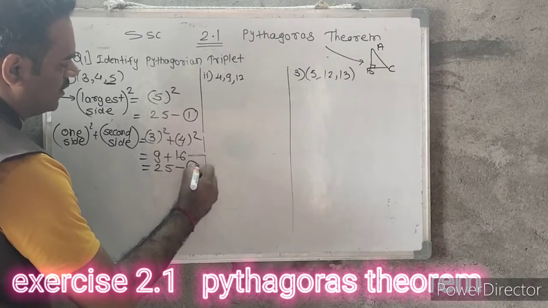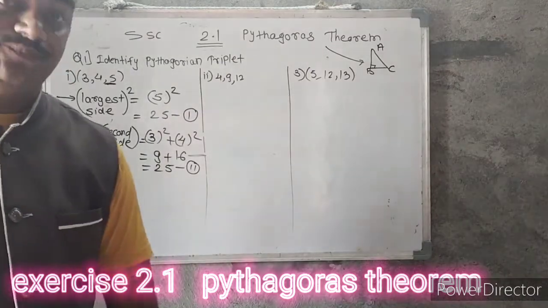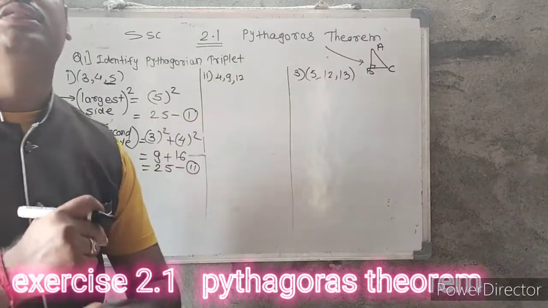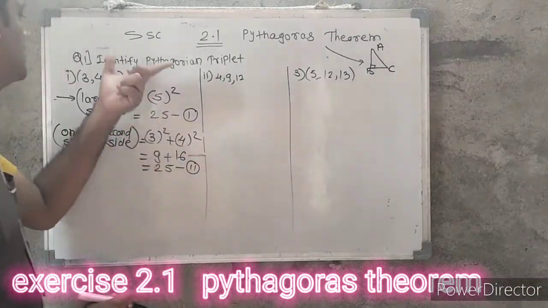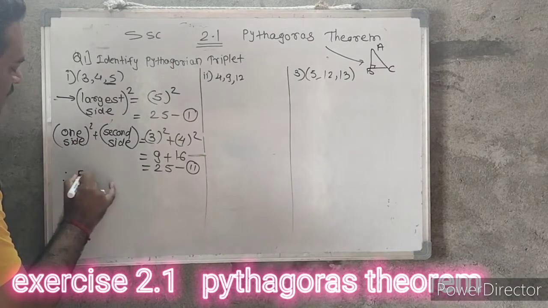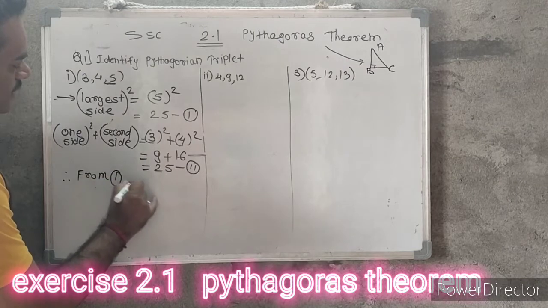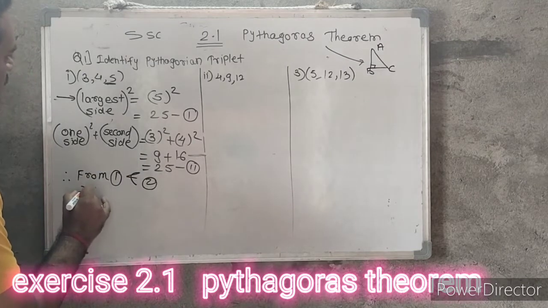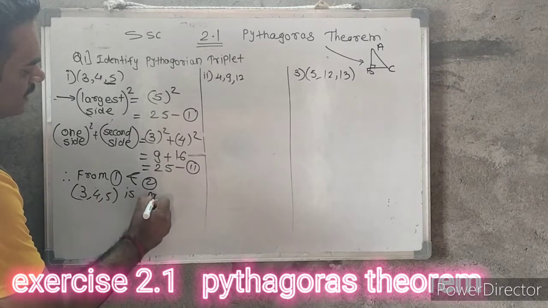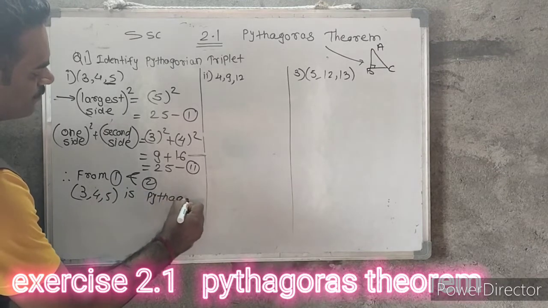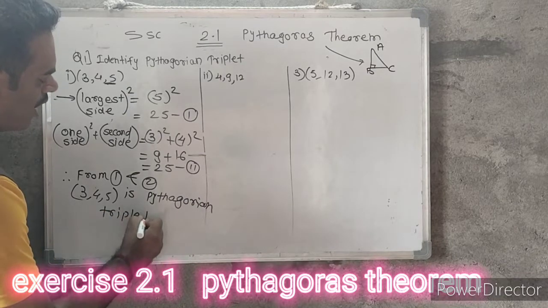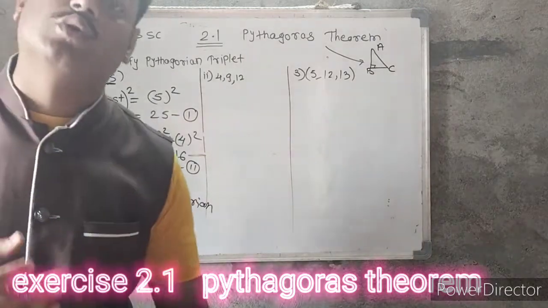Now students, from first and second, look, the first is 25, the second one is also 25. If both numbers match, then this is known as a Pythagorean triplet. Therefore you have to write lastly, from 1 and 2, 3, 4, 5 is a Pythagorean triplet, because it satisfies the Pythagoras condition.